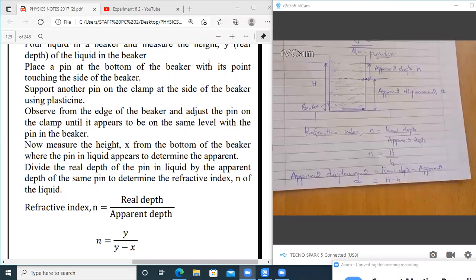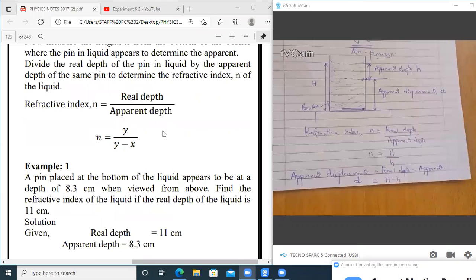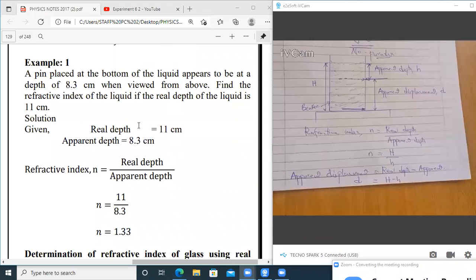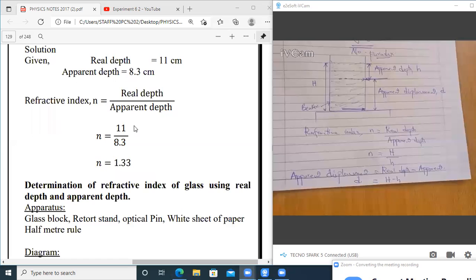Yes. Good. All right. So now let's look at that one is for liquid. What about for glass block?